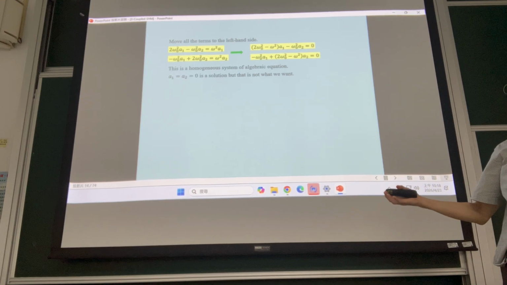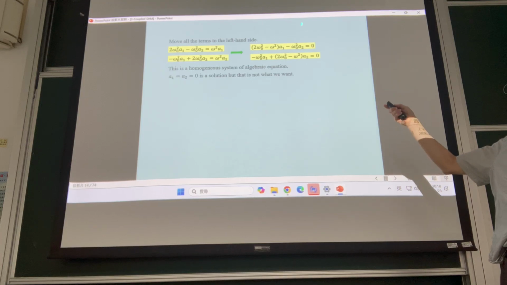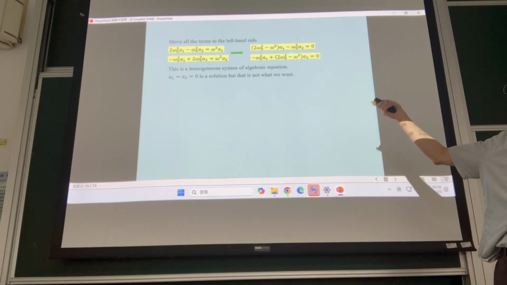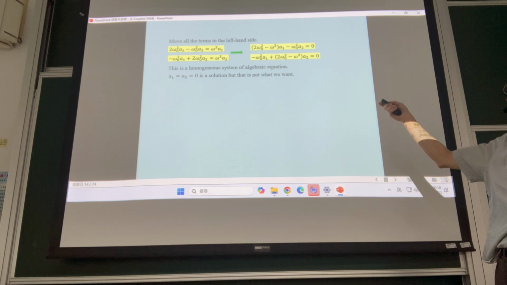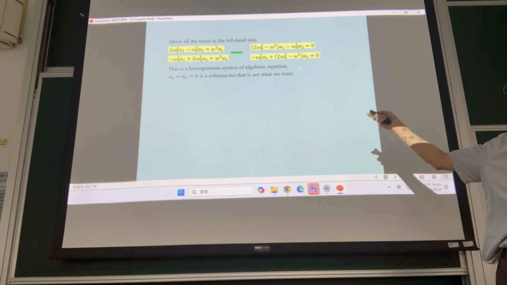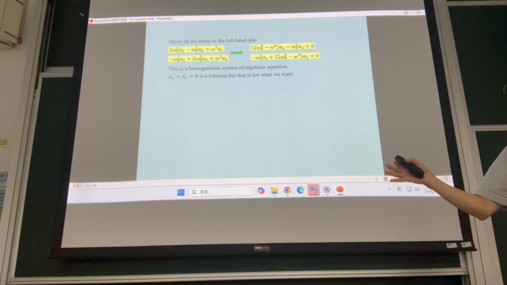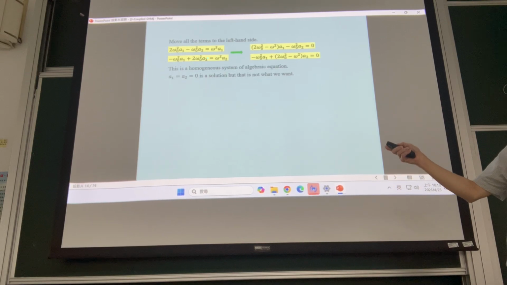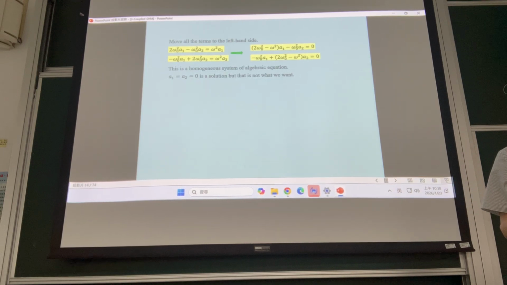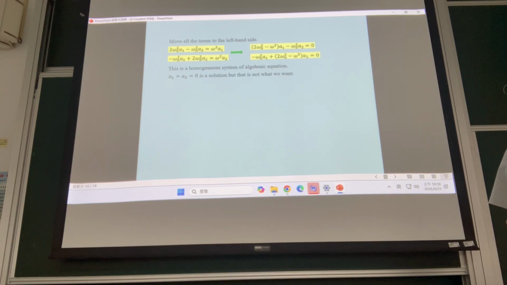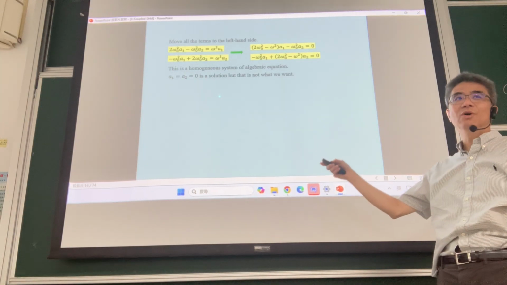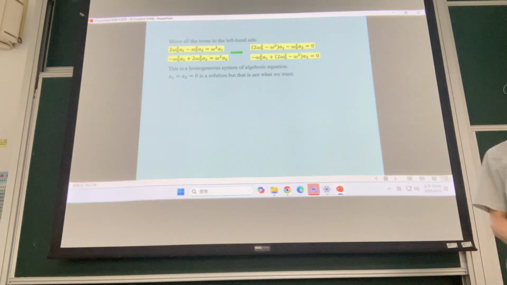Everything vanishes. If A1 is 0, A2 is 0, of course their combination is 0. So without doing anything, if it is a homogeneous equation, we immediately know there is at least one solution: A1, A2, or both equal to 0.